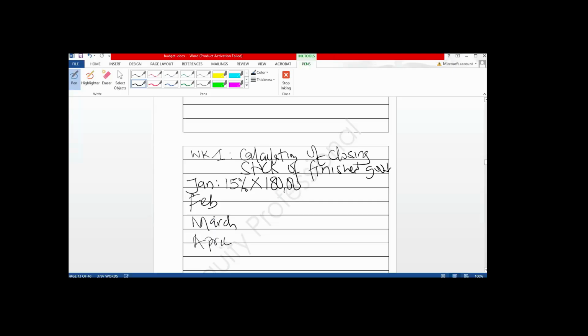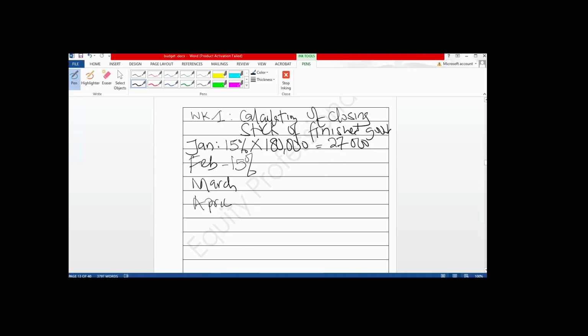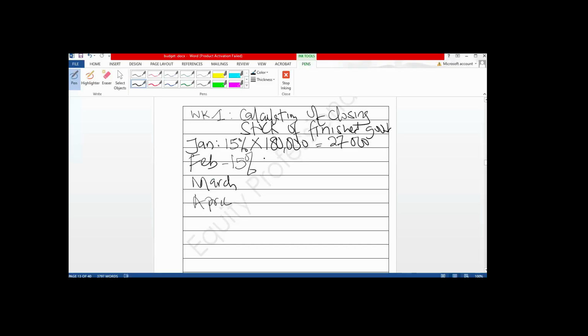Compute. 27,000 units. If you want to get closing stock for February, 15% of following month budgeted sales. The month following February is March. What is the budgeted sales in March? 210,000. Please compute 15%. 31,500.